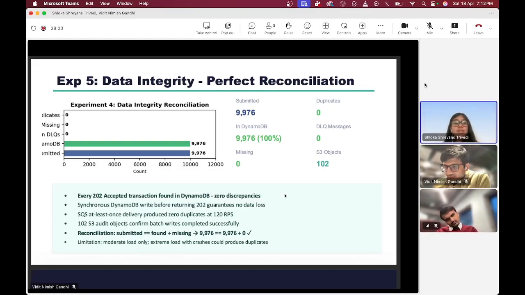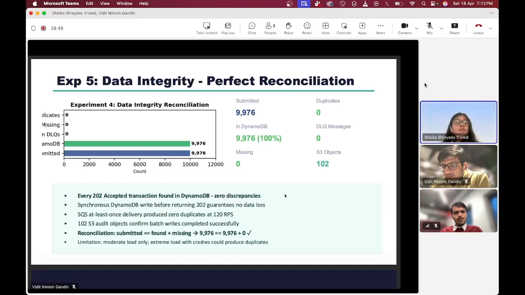At 120 requests per second, SQS at-least-once delivery produced no observable duplicates. But the limitation is that this was moderate load. Under extreme load with service crashes, at-least-once delivery could produce duplicates, and audit logging batch flush is vulnerable to data loss if a task is killed mid-batch.